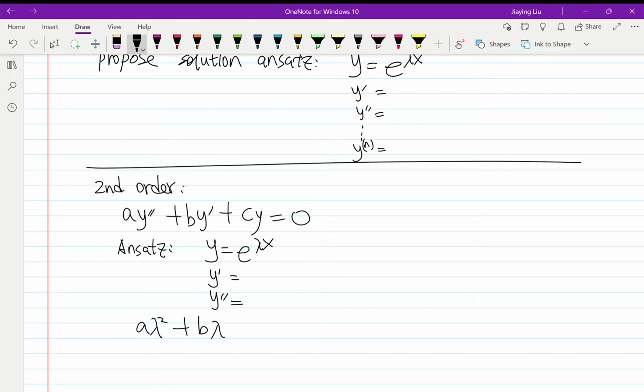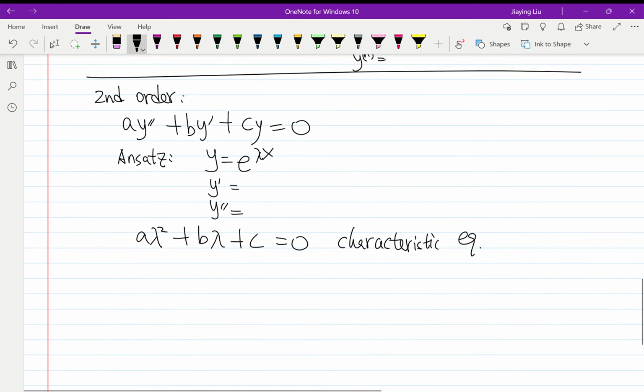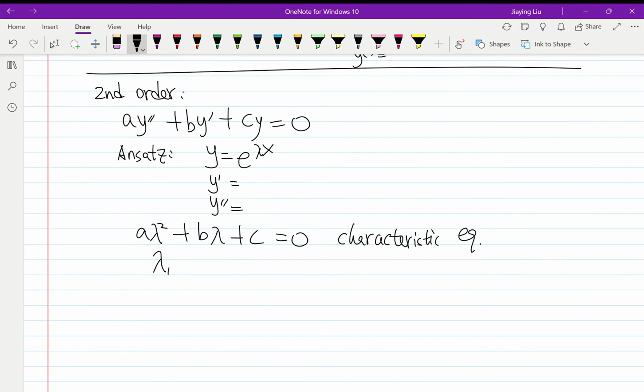I'll show you with the example where this comes from. It allows us to solve for lambda 1 and lambda 2, and after we find lambda, we can plug into e to the lambda x to get the solution.